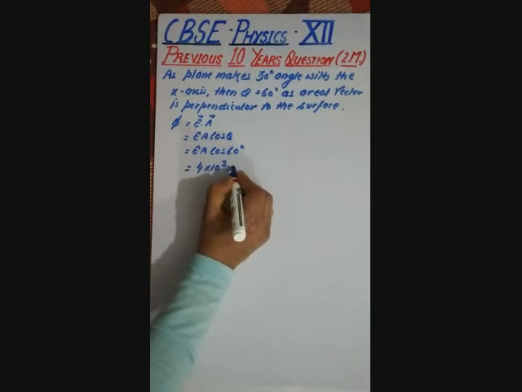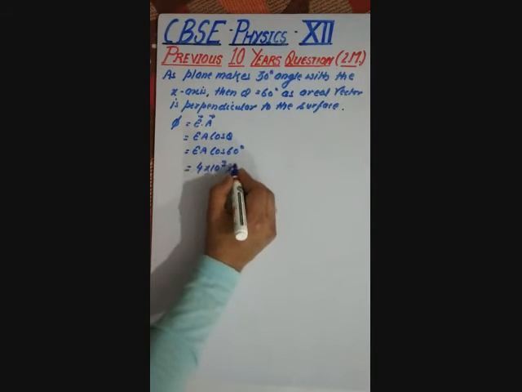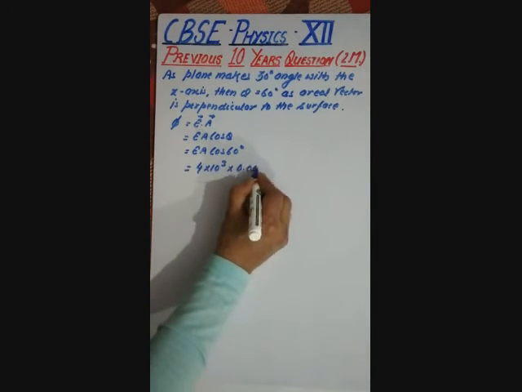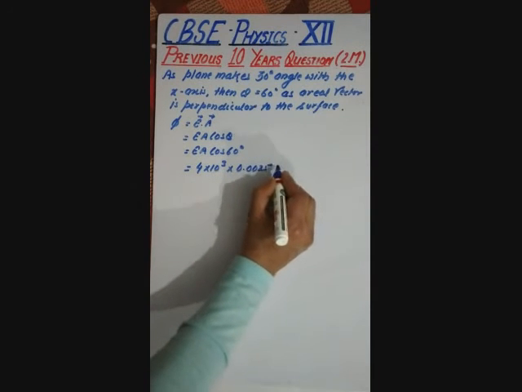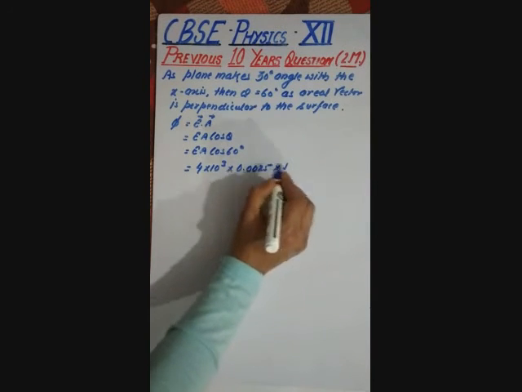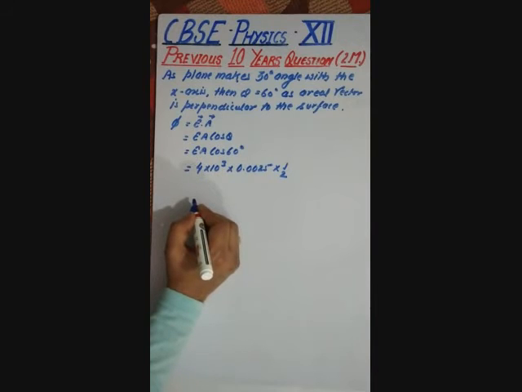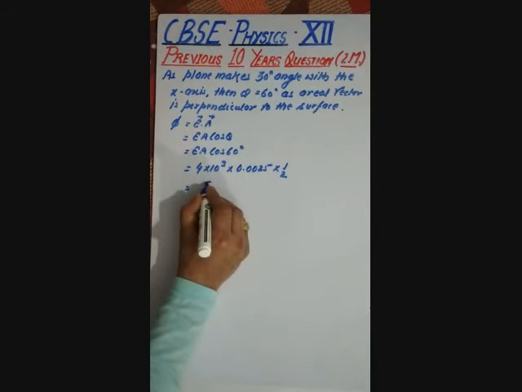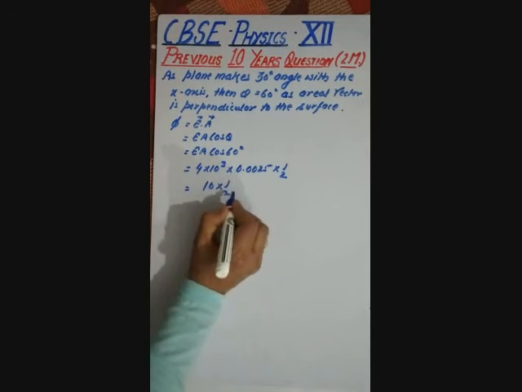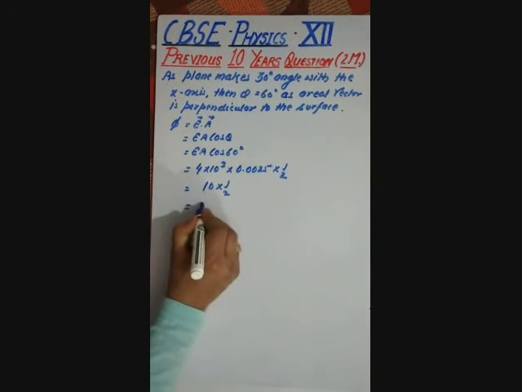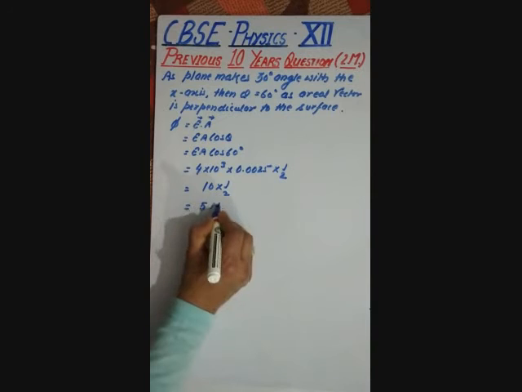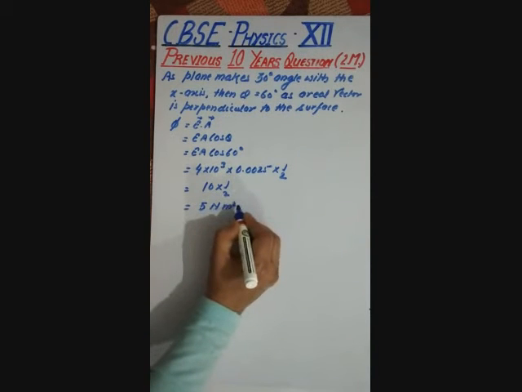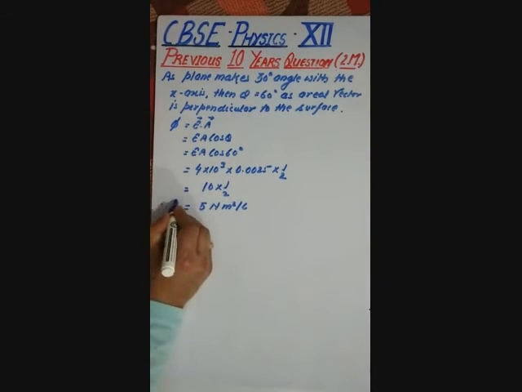We found out the area will be 0.0025, into 1 upon 2, as cos 60 will be 1 upon 2. So it will become 10 into 1 by 2, or 5 Newton meter square per coulomb. Therefore, flux.